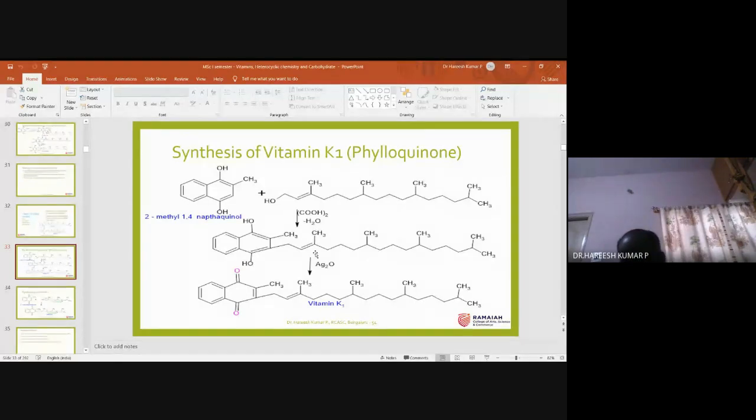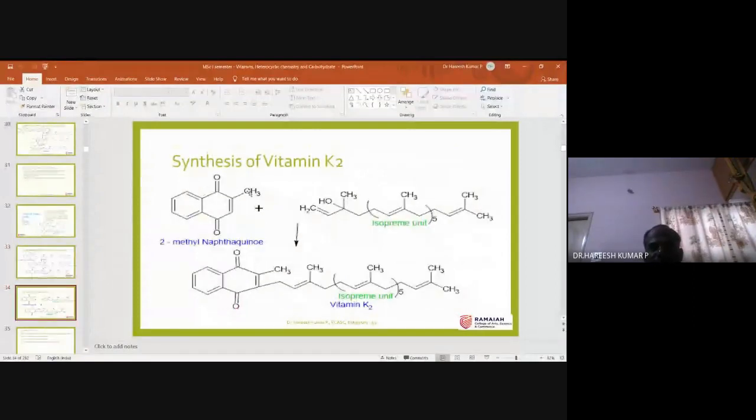So with this, I will go to the next slide. The next slide will give you the information about vitamin K2 synthesis. This is synthesis of vitamin K2.